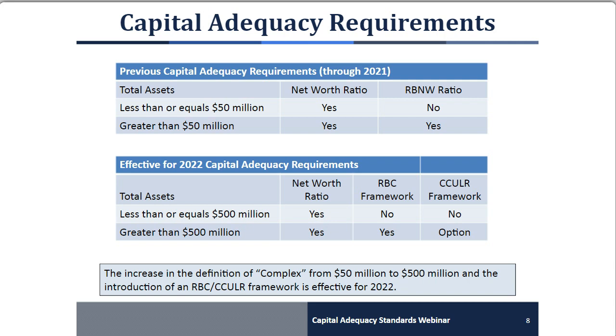As you're already familiar, the RB&W requirement was for credit unions with total assets greater than $50 million. The new standards in the bottom chart increase the complex asset threshold to $500 million for an additional risk-based requirement, capturing only institutions that should have the necessary resources and sophistication to evaluate their balance sheet using the more nuanced approach.